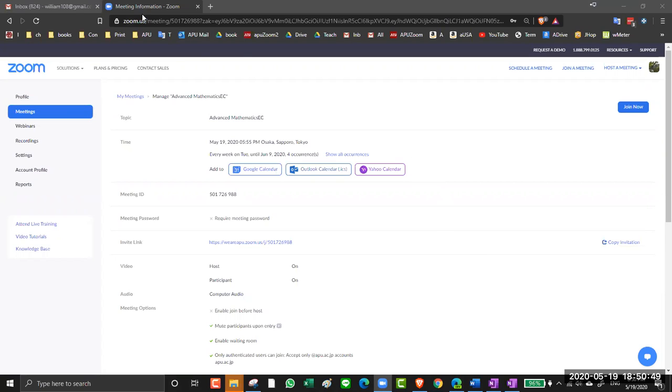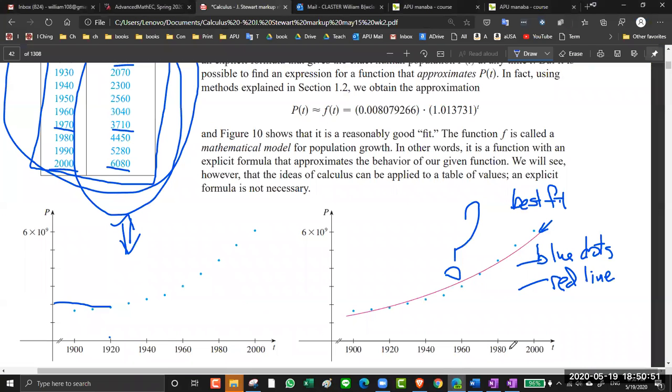Okay, let's have a vote. Which is the function, the red line or the blue dots? Which is the actual function? I should have written, which is the actual function. But anyway, I'll just leave it the way I wrote it.